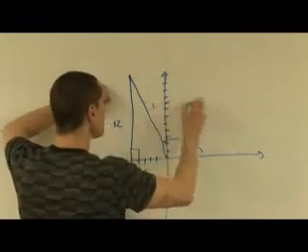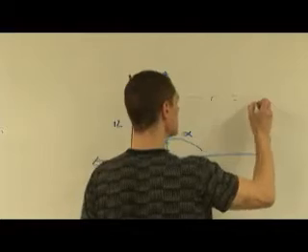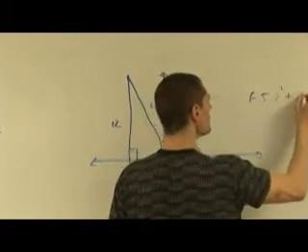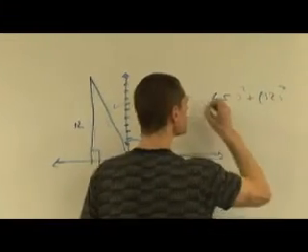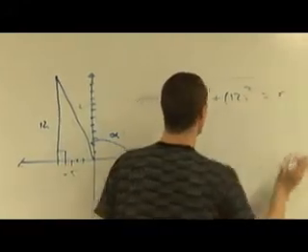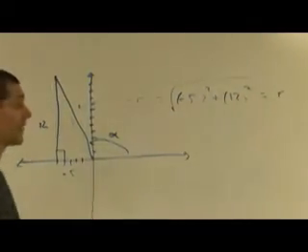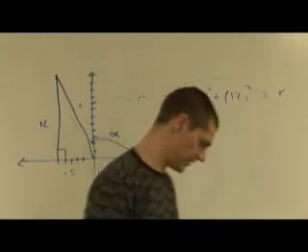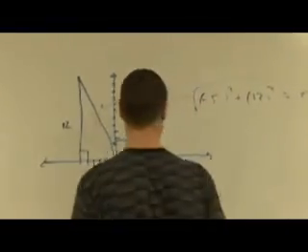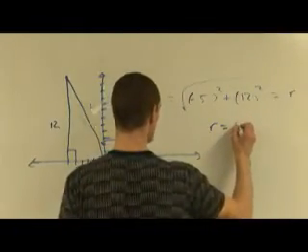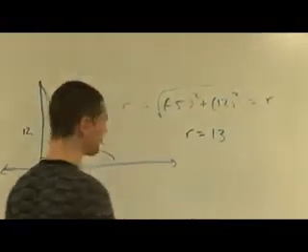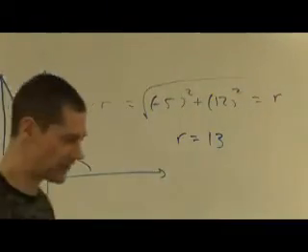This radius right here by Pythagoras is the square root of -5 squared plus 12 squared. This is r. This is 25 and 144. That ought to be 169. So this is 13. Square root of 169 is 13. Do I really believe that?